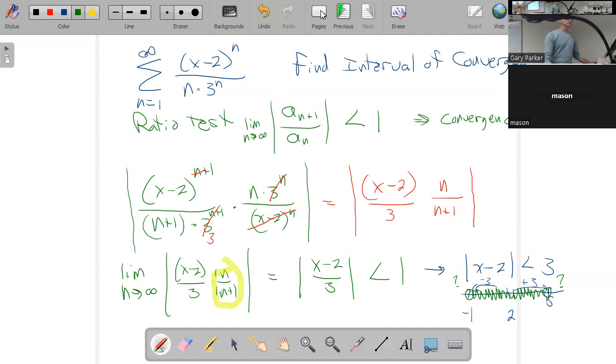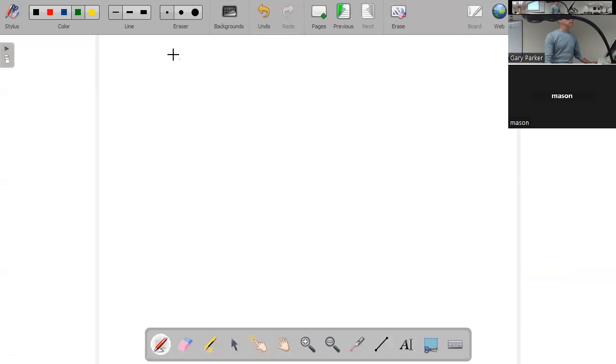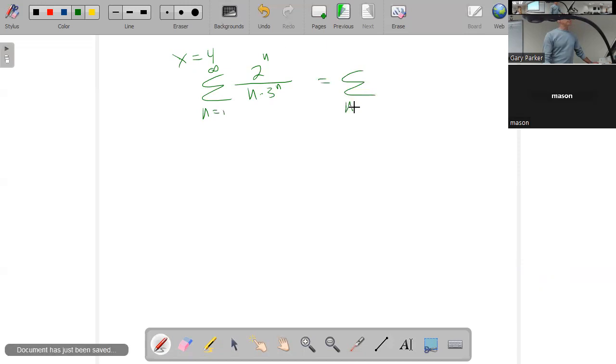So if x equals 4, then I'm going to get the sum as n goes from 1 to infinity of 2 to the power n over n times 3 to the power n. I'm going to rewrite that just a little bit. That's the sum as n equals 1 to infinity of 1 over n times (2/3) to the n.